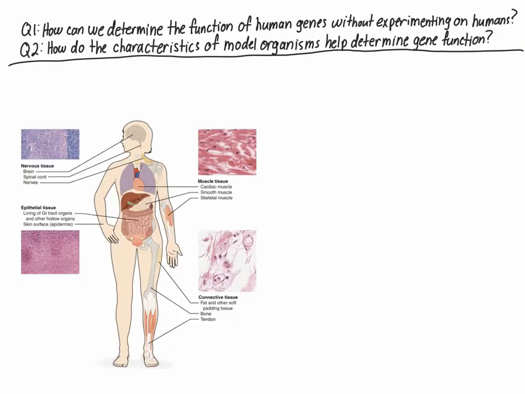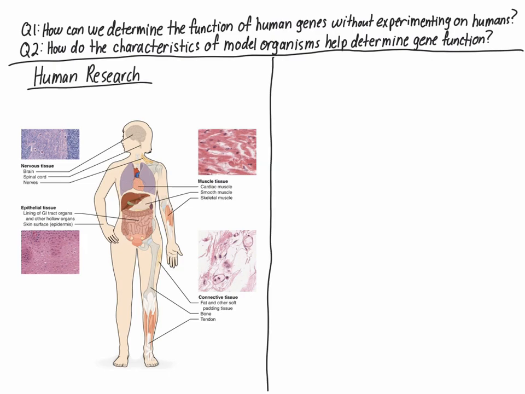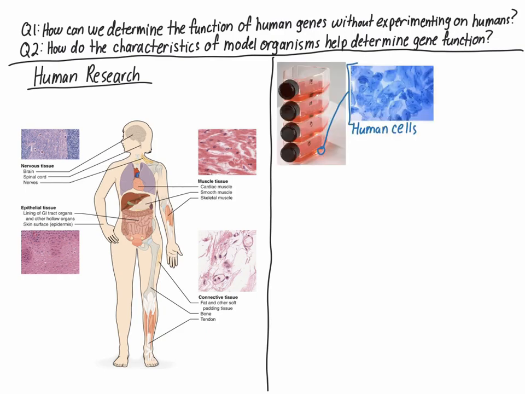Now, I don't want to give you all the impression that all research is done in model organisms. Research is done in humans. If we want to characterize human genes, we do eventually need to study them within the context of the human body, in human cells, and in human tissues and organs. Studying human cells in culture dishes is one way that this is done.